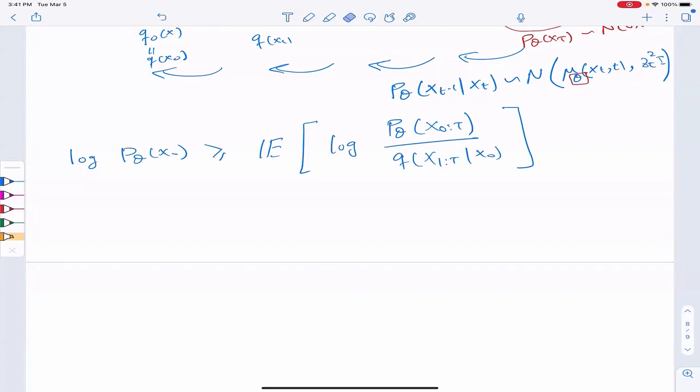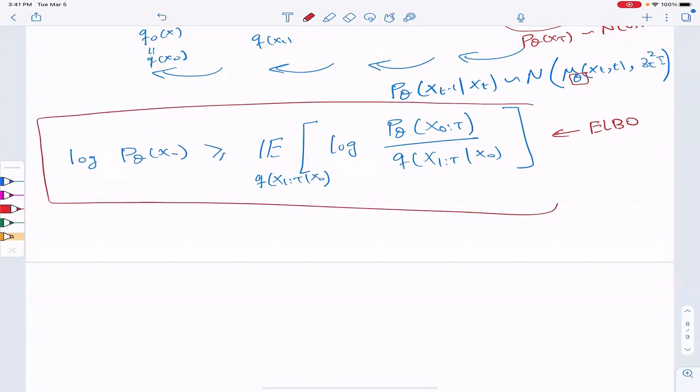This expectation is taken, I'm assuming here x0 is fixed, over x_{1:T} given x0. And if you want to compute your average log likelihood, you are going to take another expectation over your q(x0), the samples that you have, and take the average of the lower bound. So this is the ELBO, the evidence lower bound or the variational lower bound that we computed last time.